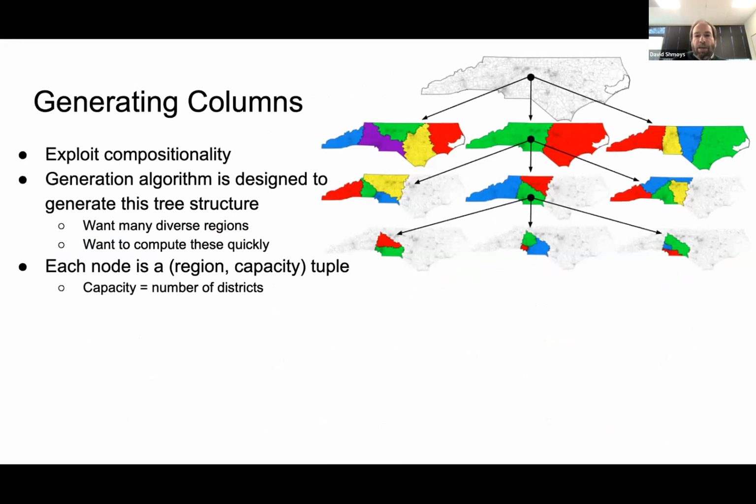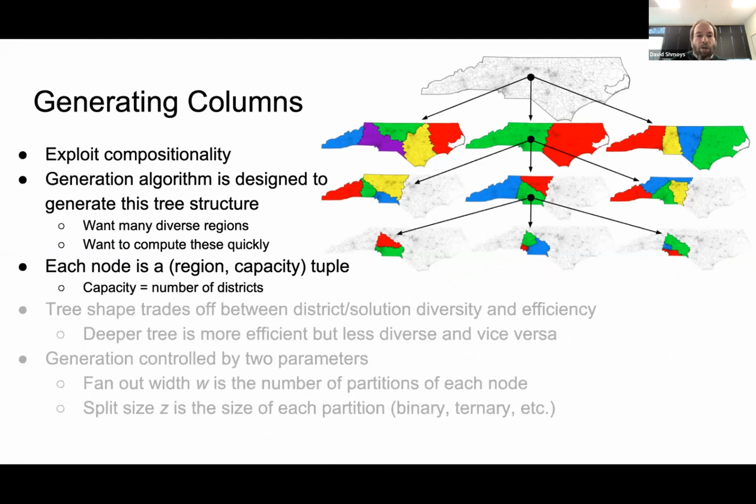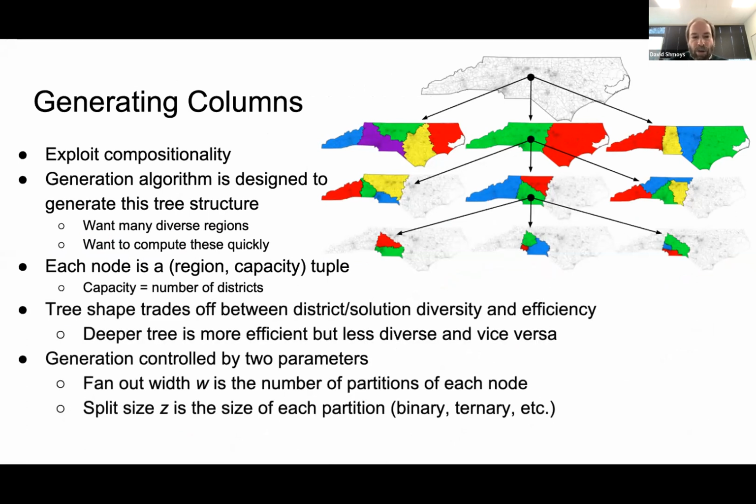This is meant to exploit a kind of compositionality structure. And so at each node, we're going to have a capacity, a number of districts, and we're going to have different trade-offs depending on exactly what range of parameters. The 2 parameters that I've highlighted so far, let's call the width, the number of partitions that I'm going to generate at each node, and the split size Z is going to give the size of each partition.